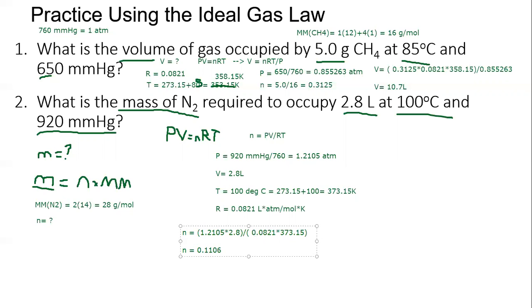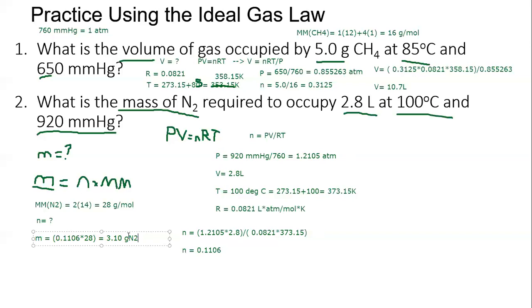Double check my work. Yeah. So now we have the moles of gas. To find the mass, we just need to multiply the moles by the molar mass. And we get 3.10 grams of nitrogen.